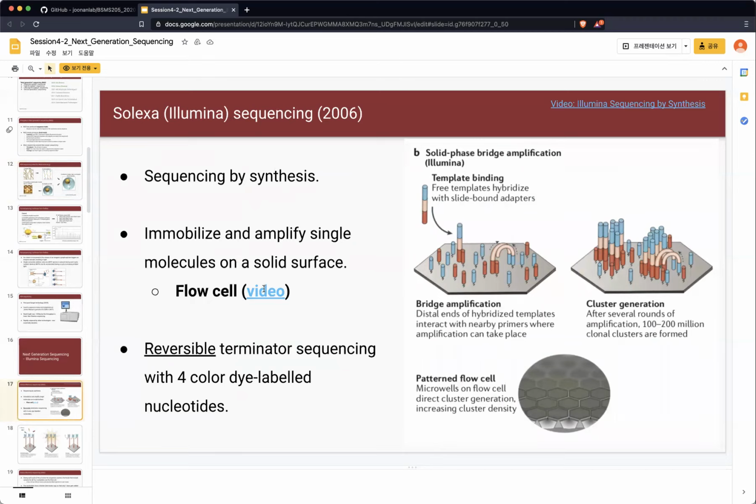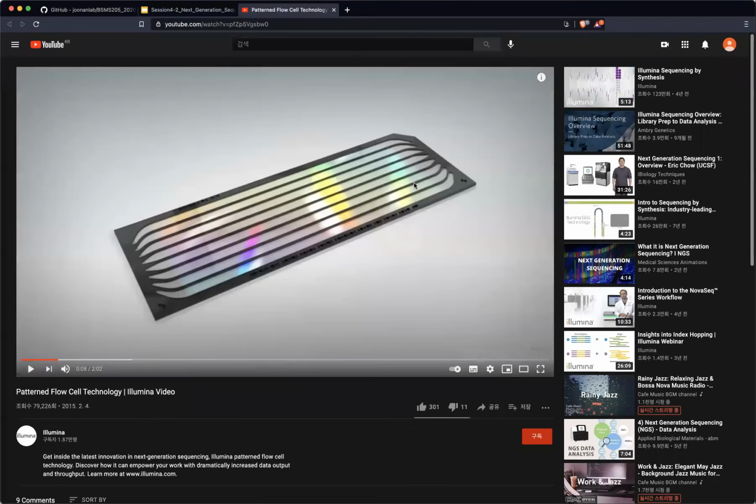So flow cell is something important. If you go to the link on YouTube, you can see how the flow cell works for the system. Okay, so this is the video made by Illumina, and you have this solid panel, right? So if you look at this panel closely, you will see tiny dots on here.